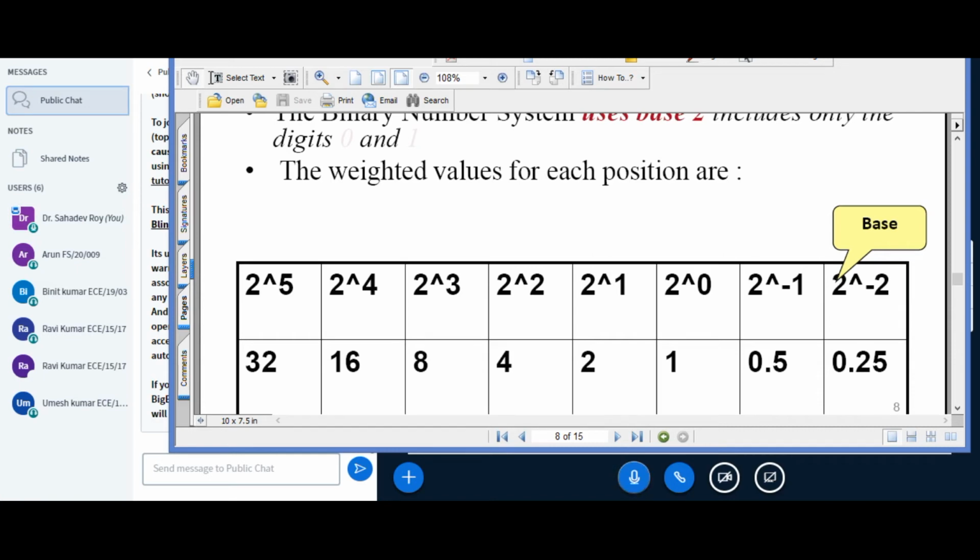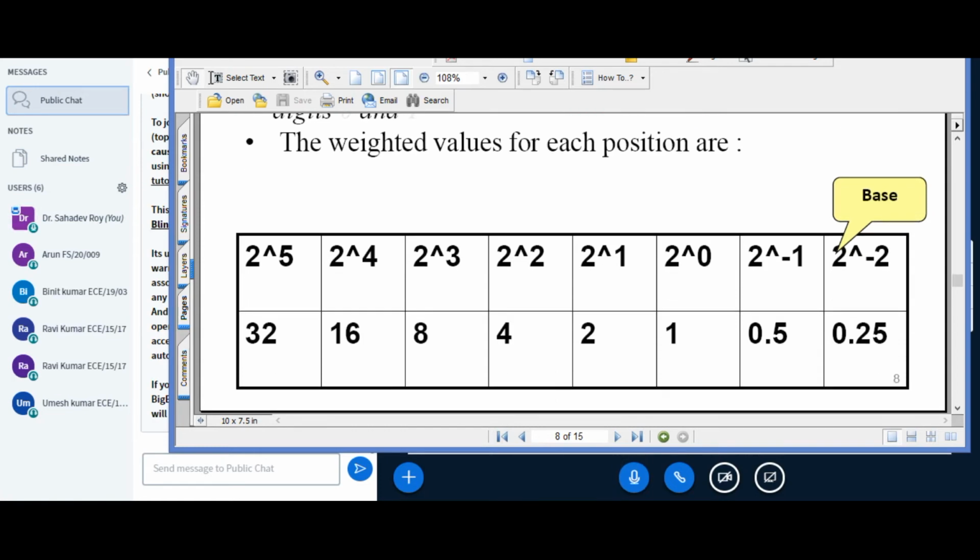Look at this side: 1 by 2 is 0.5, and 1 by 2 to the power 2, that is 2 to the power minus 2, is 0.25.